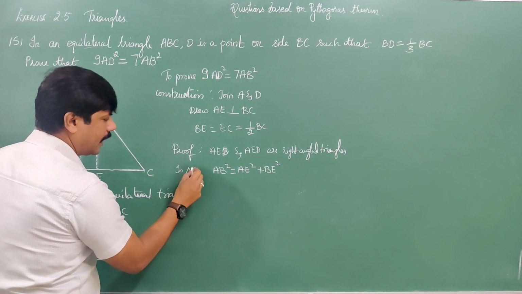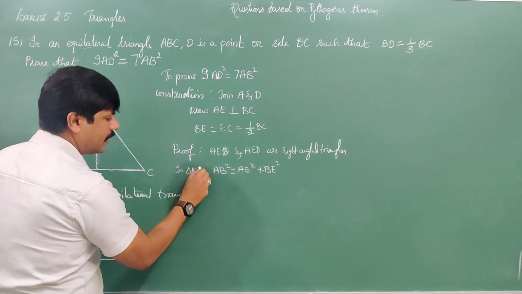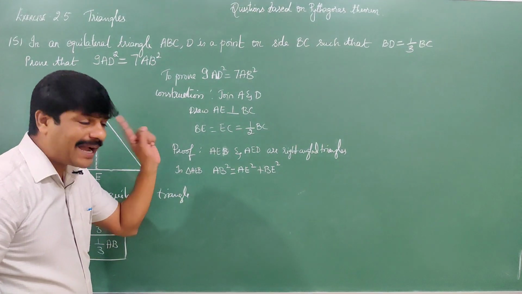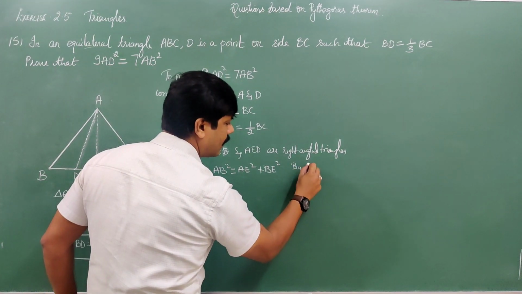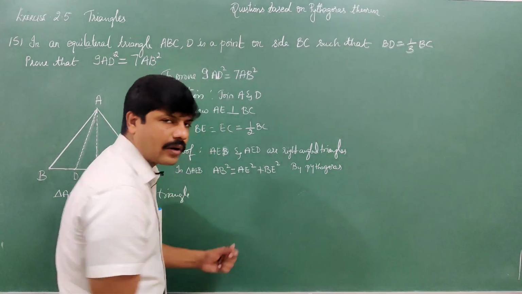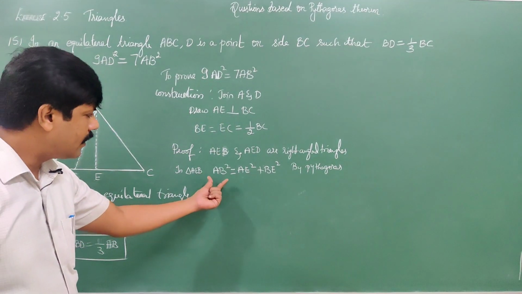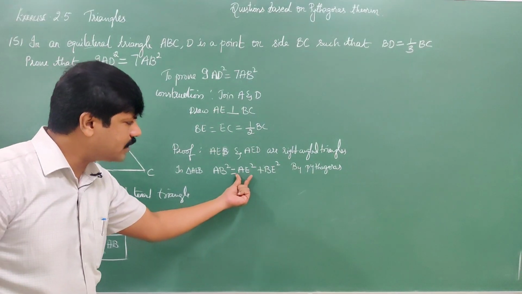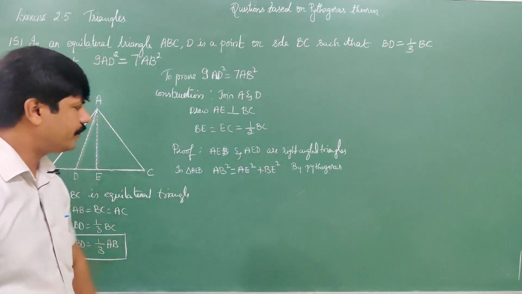In AEB right angle triangle, by applying Pythagoras theorem, AB square is equal to AE square plus BE square.